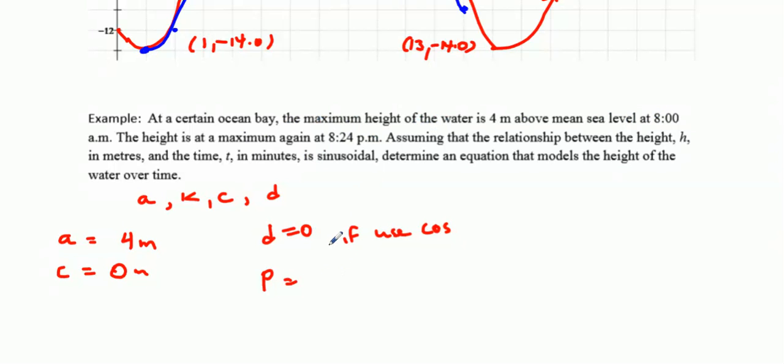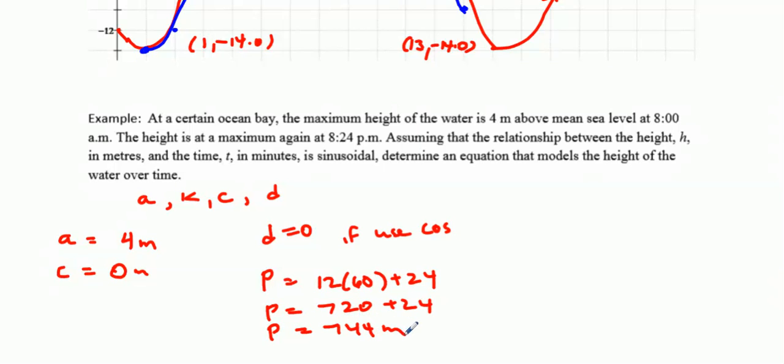Well, 12 hours is 12 times 60, because we want it in minutes, plus 24. So 12 times 60, that's 720 plus 24. So the period is 744 minutes, if we wanted to do that in minutes.